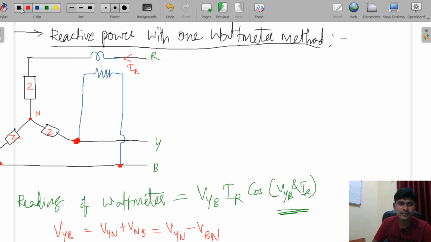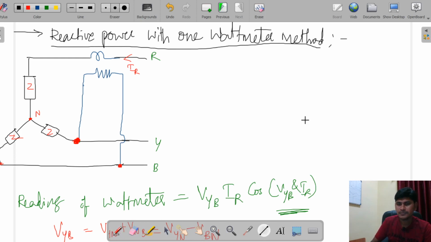Okay, now let us draw a phasor diagram. This is VRN.